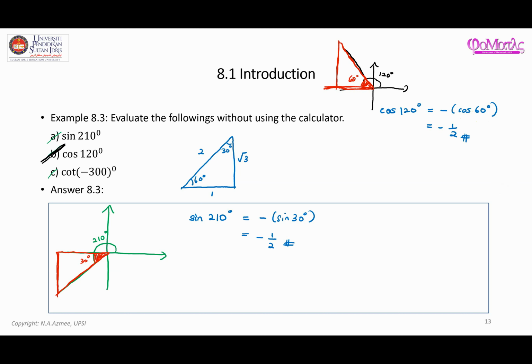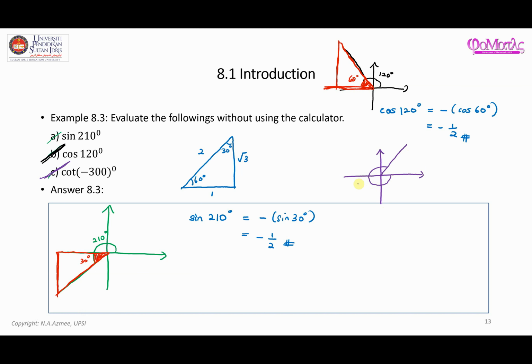Okay, next, the third question. Cotangent of negative 300 degrees. So I'm going to sketch the position of negative 300 degrees, and this will start from this point in the clockwise rotation, and it will stop somewhere here.